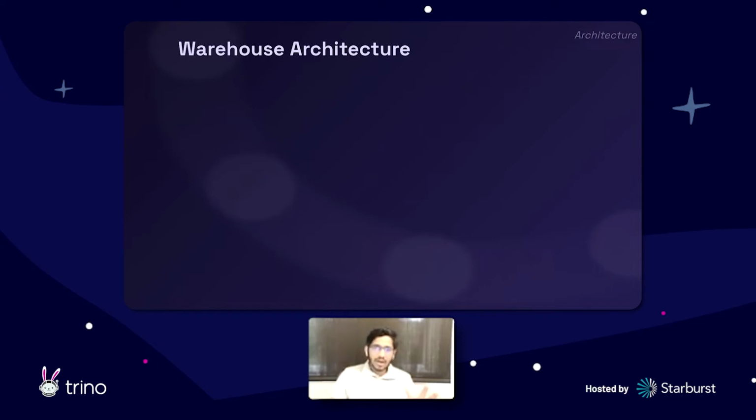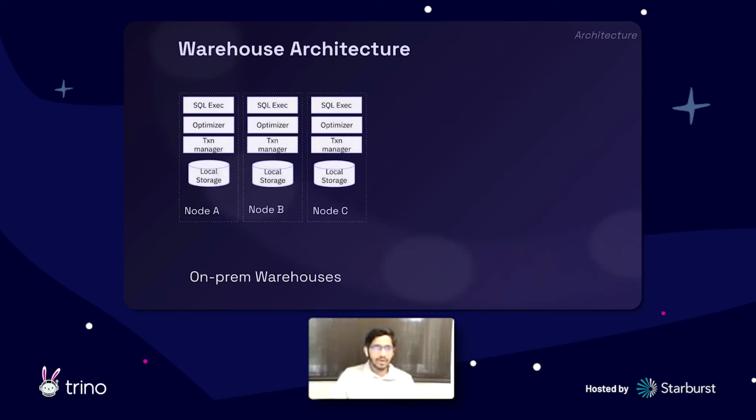While it's hard to exactly know the internal nitty-gritty of closed systems, at a high level, all on-prem warehouses operate like a cluster of nodes, and they're all vertically scaled. There is limited horizontal scaling, meaning you cannot have thousands of nodes in a cluster, or even hundreds of nodes for the most part, but you buy beefier boxes, and the SQL engine, the optimizer, everything is optimized in C++ to squeeze the performance out of each core that you buy.